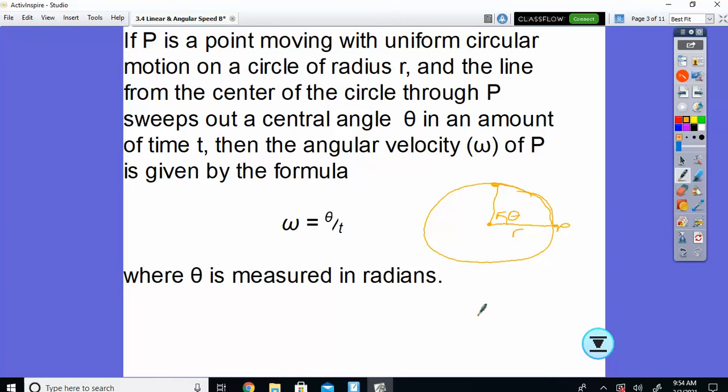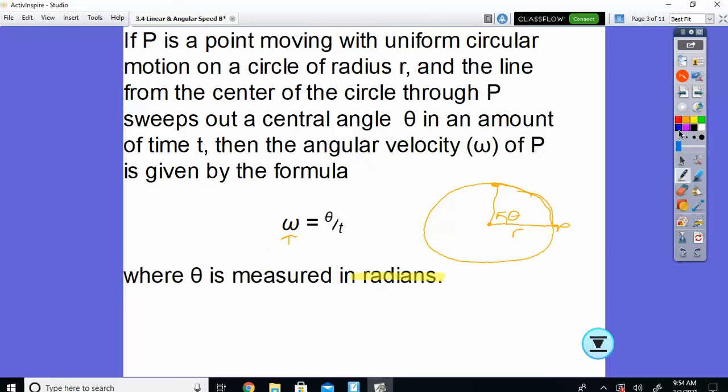Since we're talking about the angle, theta divided by t. This is a Greek letter. This curved W is omega equals theta over t. The key to this, just like every other formula where we've used theta, it has to be radians. If you are not in radian measure, your formula will not work.